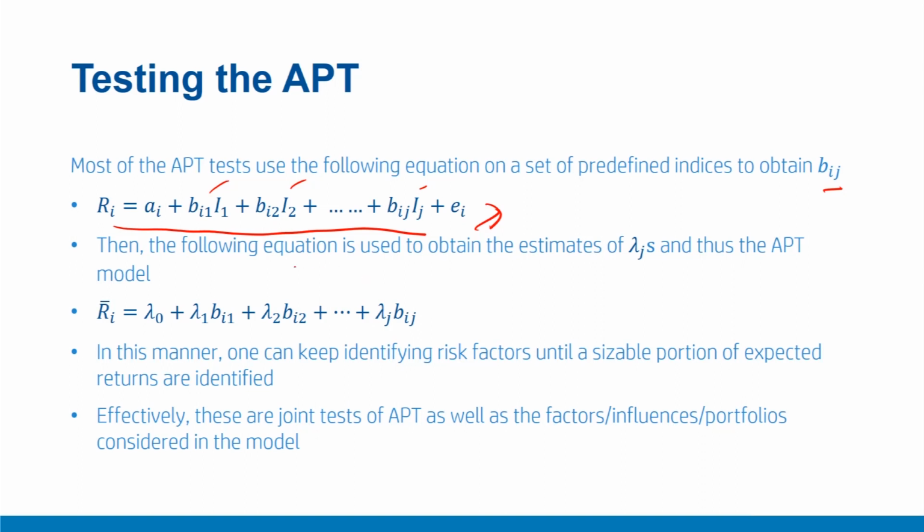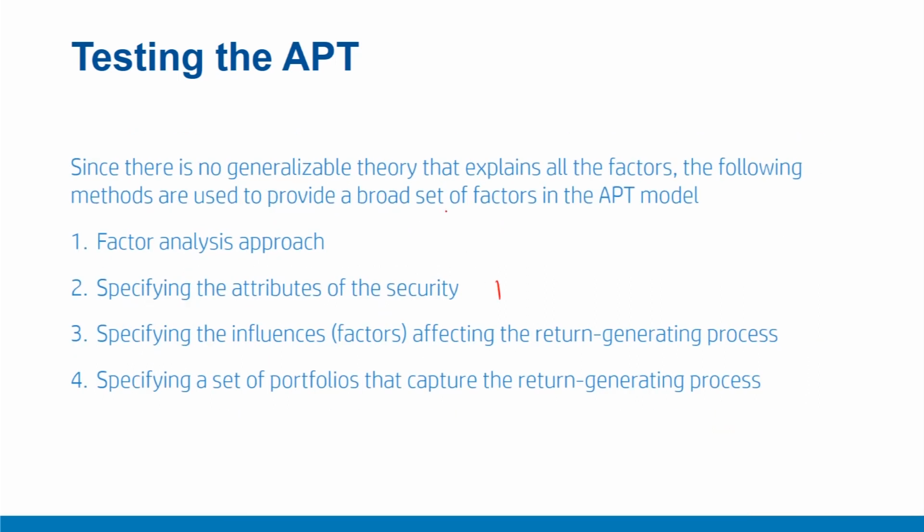Once Bijs are identified, the following equation is used to obtain the estimates of lambda j and thus completely identify the APT model. So first we start with Ijs, indices, then we obtain sensitivities Bijs through some kind of regression estimation, and once Bijs are estimated, putting these values of Bij, one estimates the return generating process and therefore the lambdas.